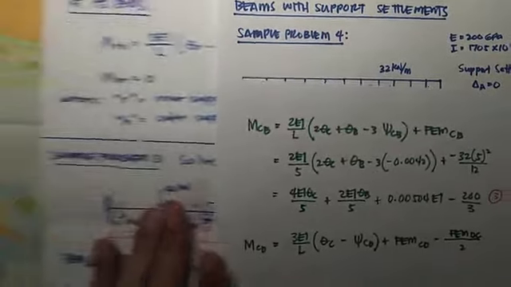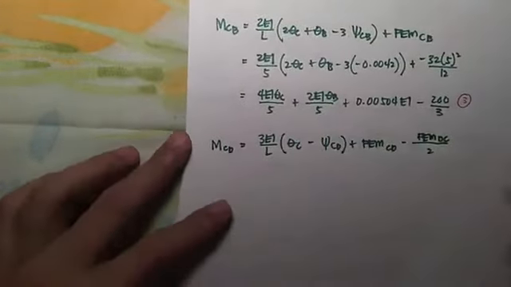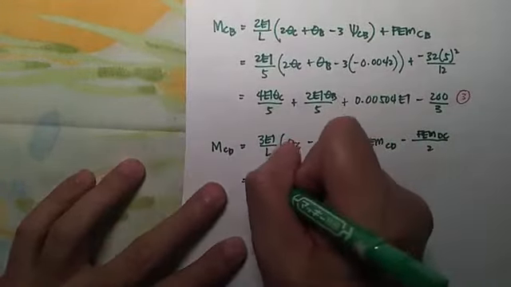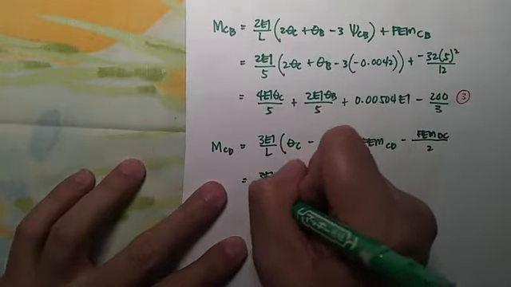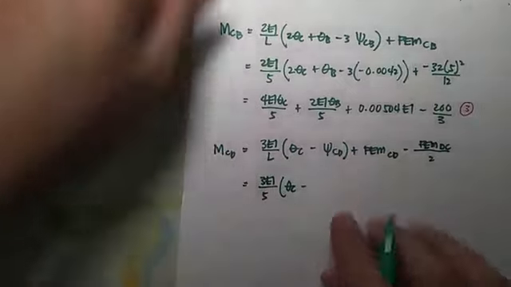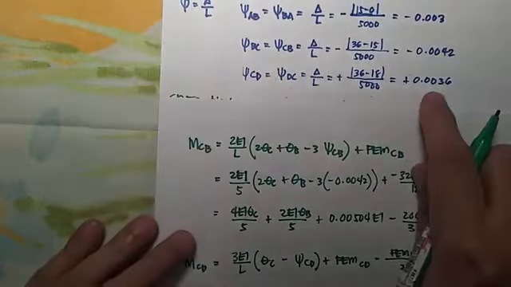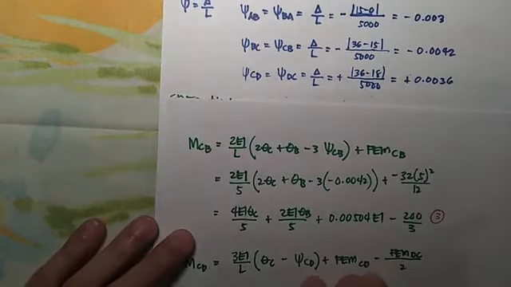Substitute natin. So this becomes 3EI over L is 5, theta C minus, what is psi CD? Psi CD, positive 0.0036.